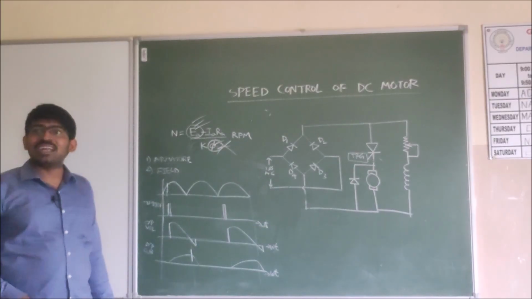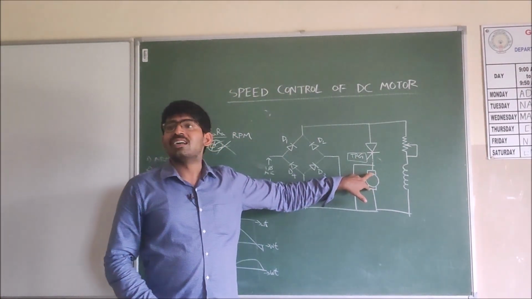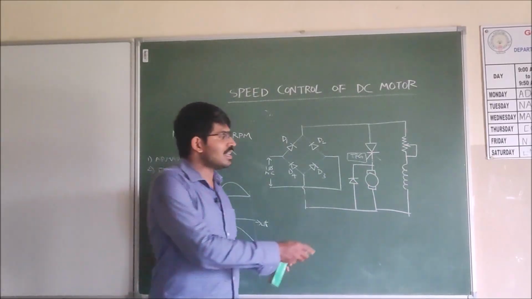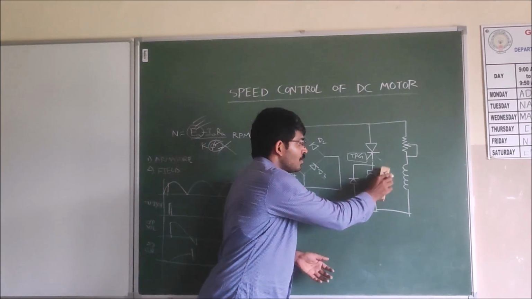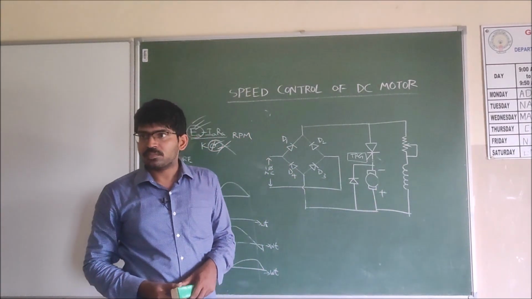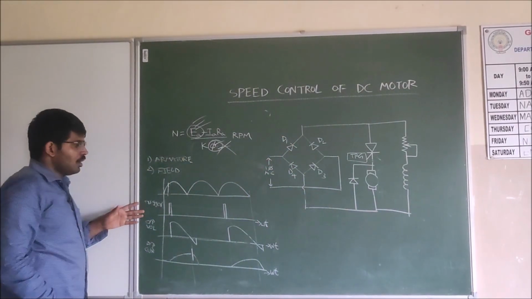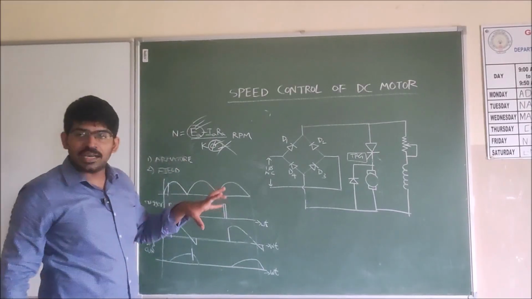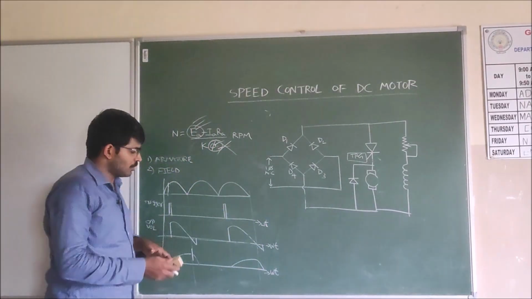That indicates a change in the supply. Previously it was plus and minus, now it is minus and plus. Okay, this is how, by using the SCR, we are controlling the speed of a DC motor.